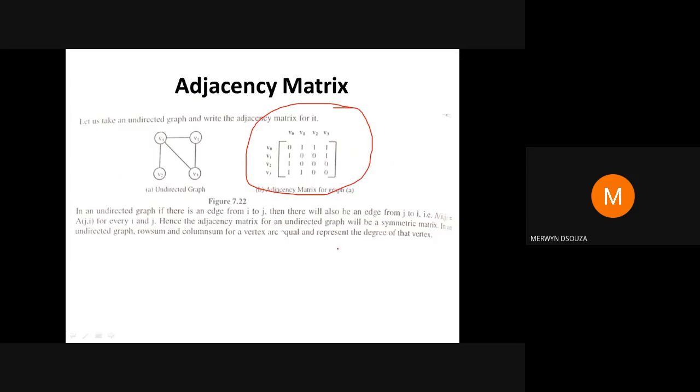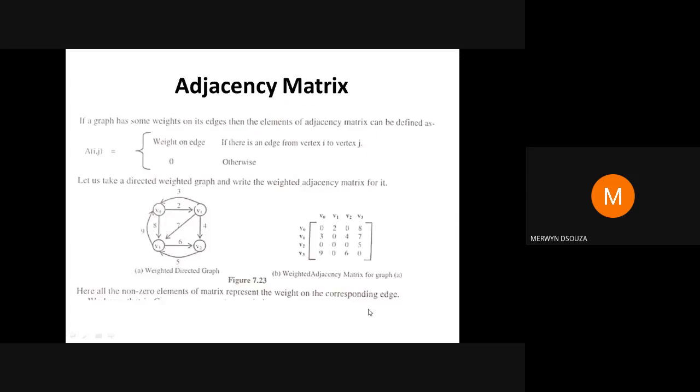You can read the remaining part, it's the same thing that I've just told you. Another way this matrix could be given is as a weighted graph, and you could be told to draw the adjacency matrix. You would write the matrix in the same way. For example, from V0 to V1 there's an edge, but instead of putting 1, you put the weight that is present.